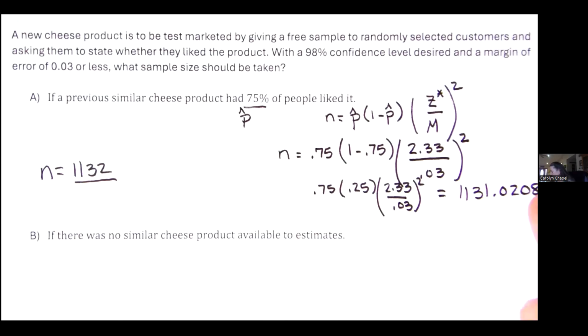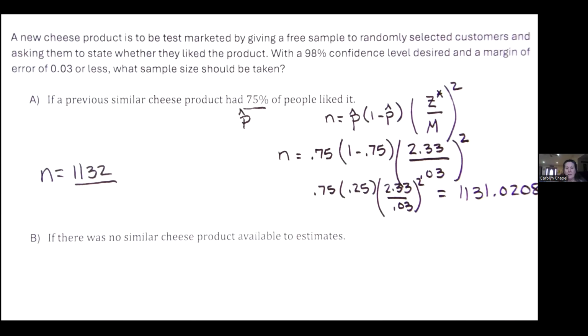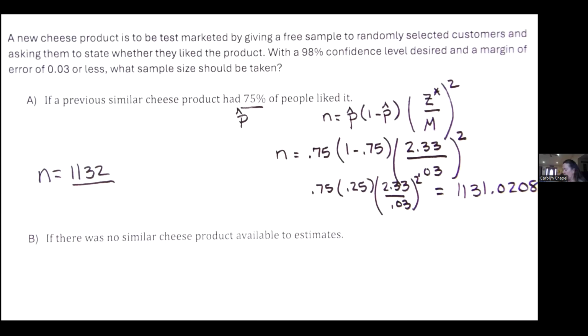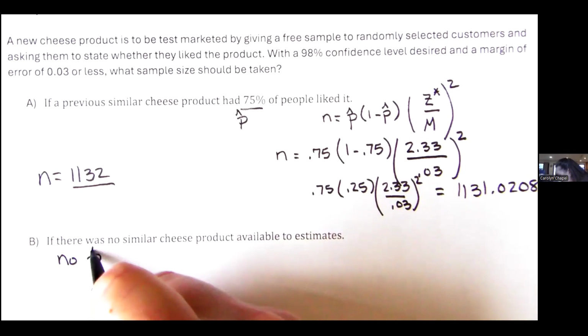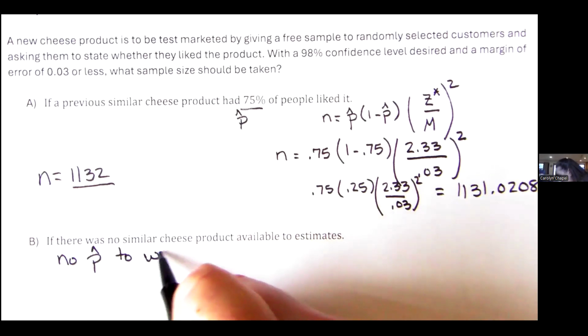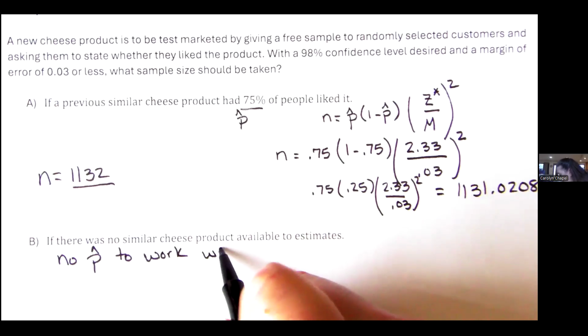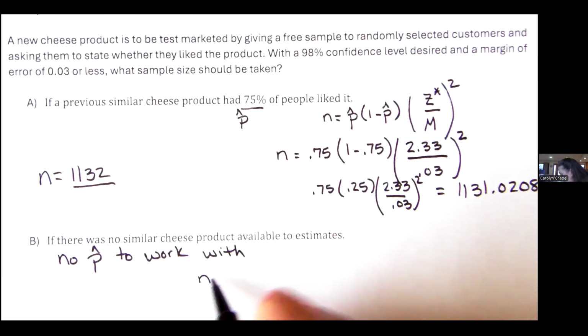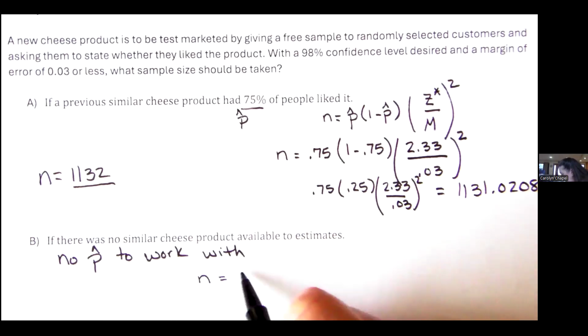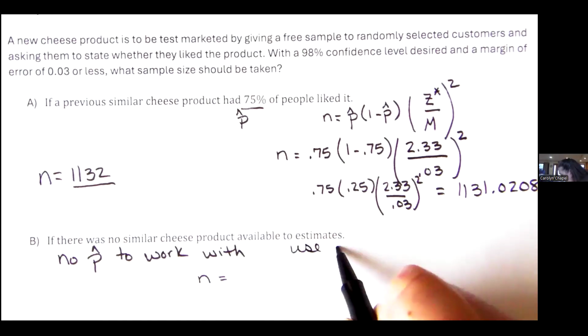We're going to redo the same problem and say that there's no similar cheese product to estimate it. So that means I have no p to work with. So that means we're going to use our standard value that gives us the biggest n possible. And that is p hat being 0.5.